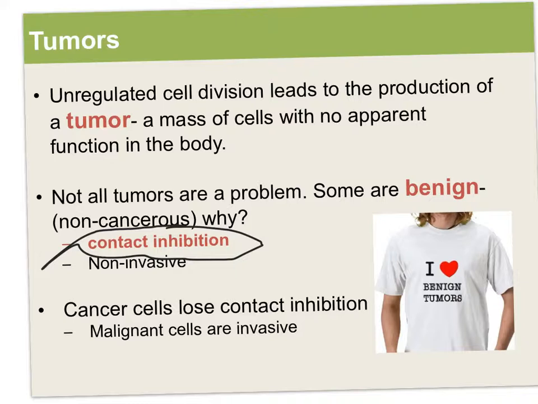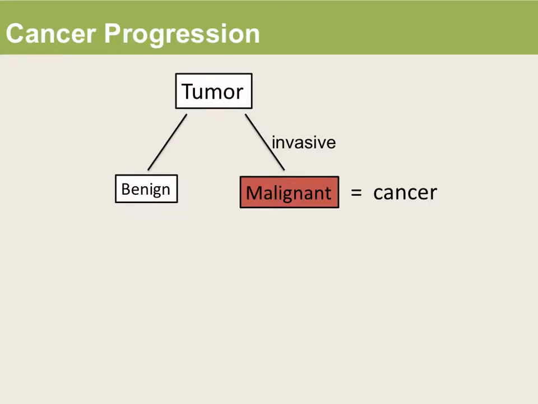So when a cell is invasive, that means it starts growing into adjacent tissue. That means it's a malignant cell and it has lost contact inhibition. So this is kind of a progression here. We have a tumor that starts forming. It could be a benign tumor, and that's as far as it's going to go.